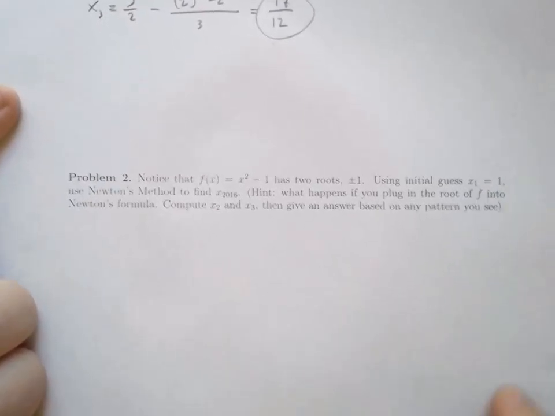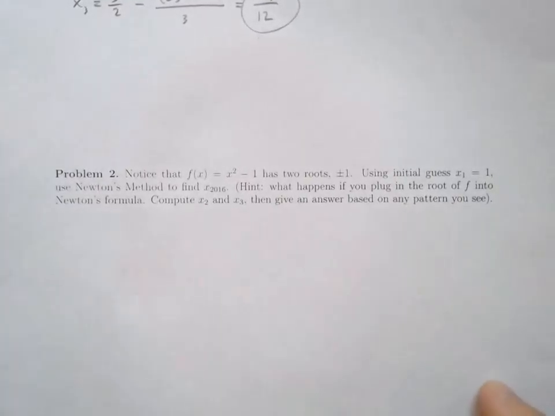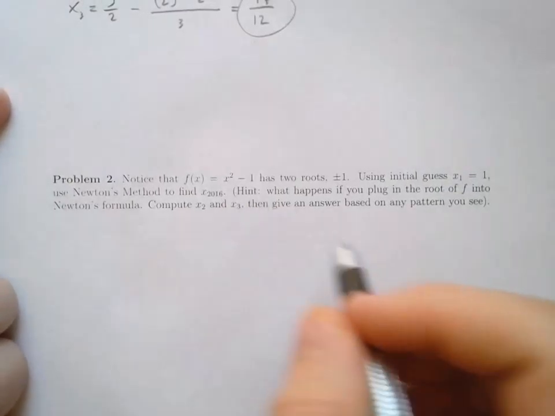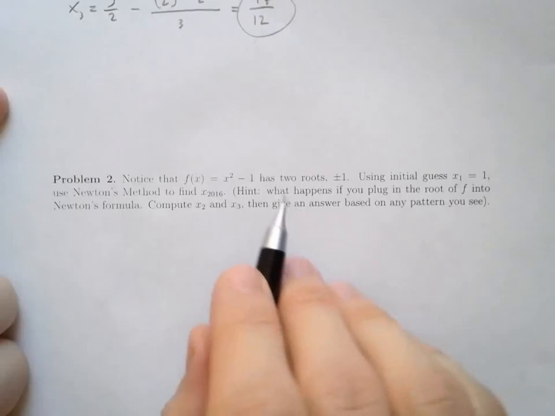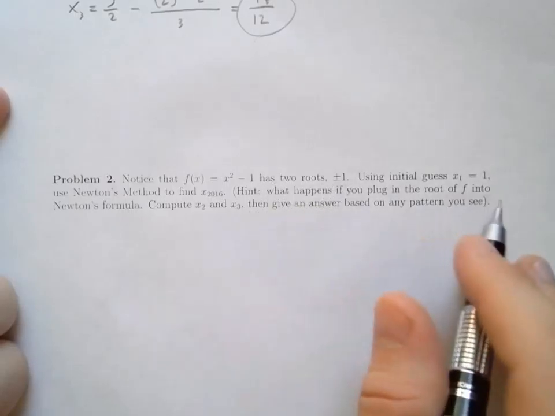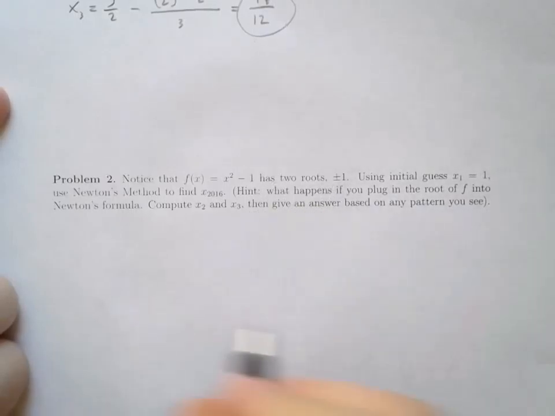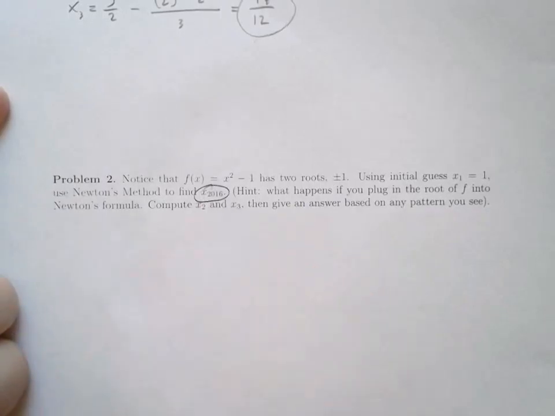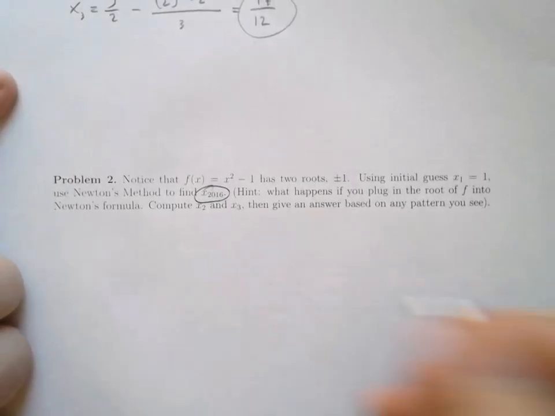For problem 2, what we have is a function x squared minus 1, which factors as x plus 1, x minus 1. So we have two roots for that function. And the question is to compute the 2016 term in the Newton's method. So let's see what happens.